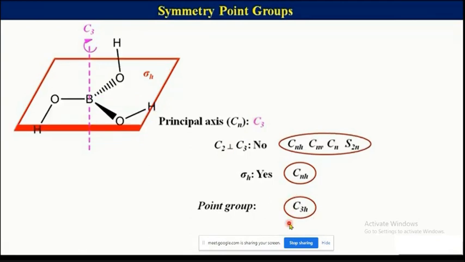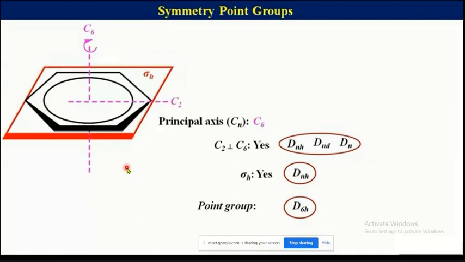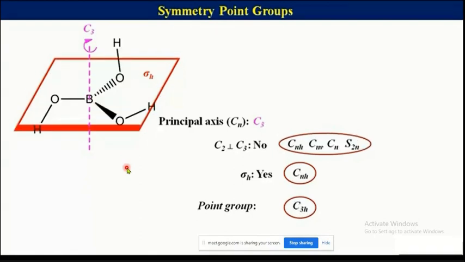Let us move to some complicated cases also. This is the case of H3BO3. Right? Now, whether C2 is present, you tell me. Is there any probability of C2 being present? No, sir, it cannot be.